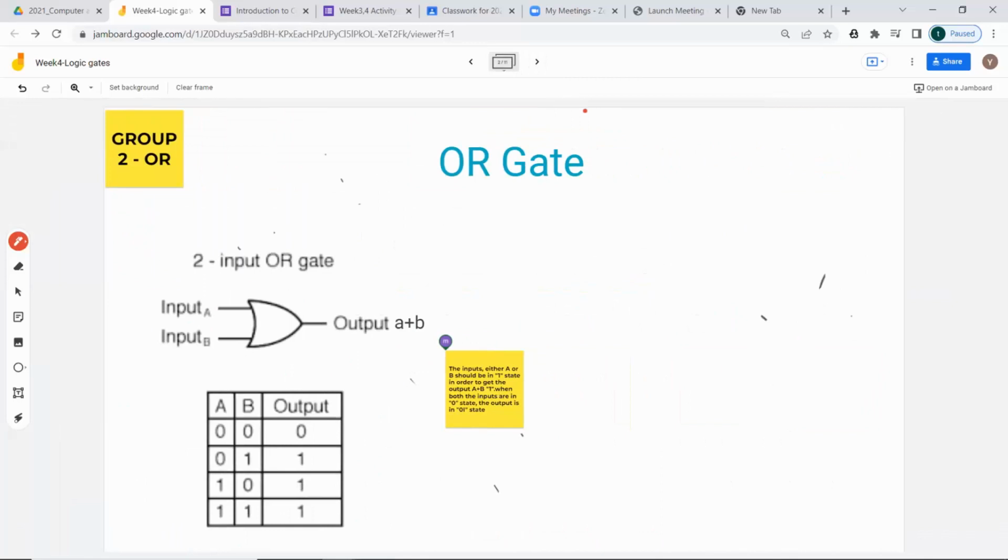Right, group 2. Shall we? Anybody from group 2? Nobody from group 2?